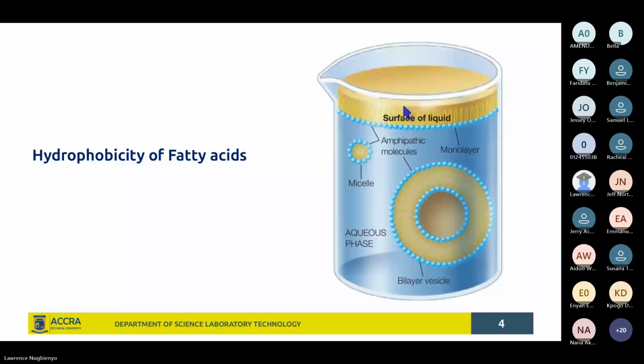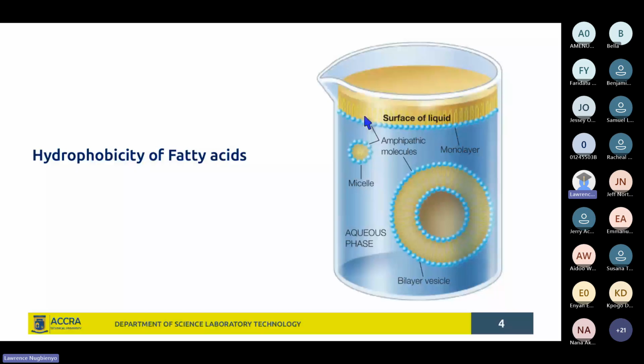Now, you can see clearly that the oil that is floating on the water has the polar ends, that is the carboxylic acid ends, or say the hydrophilic ends, pointing towards the water surface, whilst you have the hydrophobic hydrocarbon chain pointing upwards.